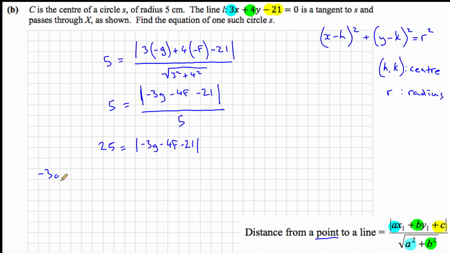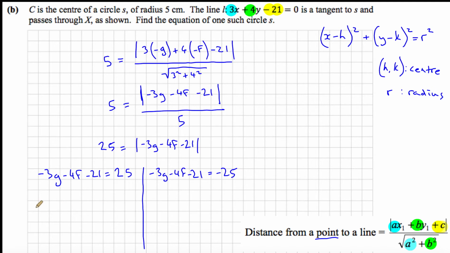So minus 3g minus 4f minus 21 is equal to 25, or minus 3g minus 4f minus 21 is equal to negative 25.